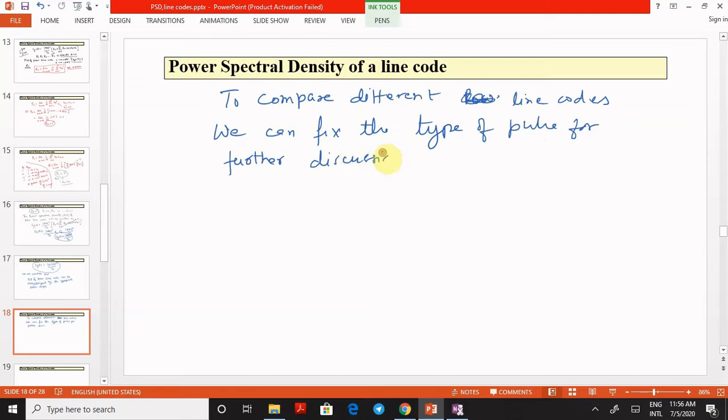We can choose any pulse, but for the purpose of comparison between different line codes, we have to fix a particular shape.